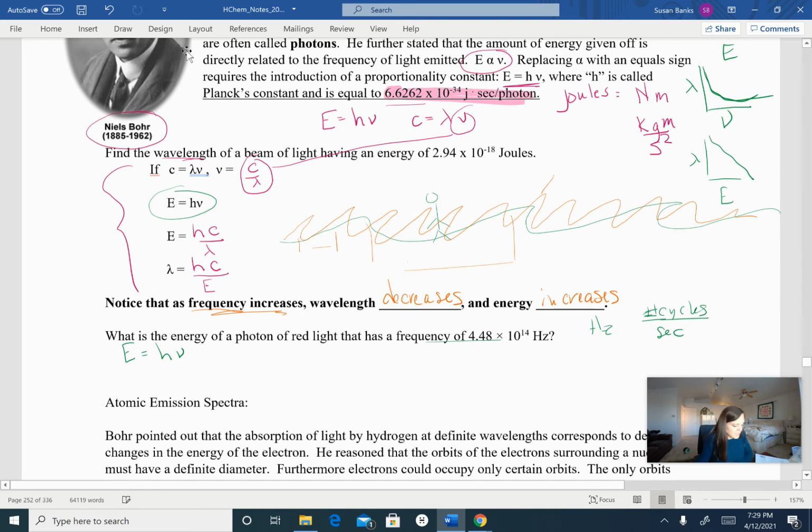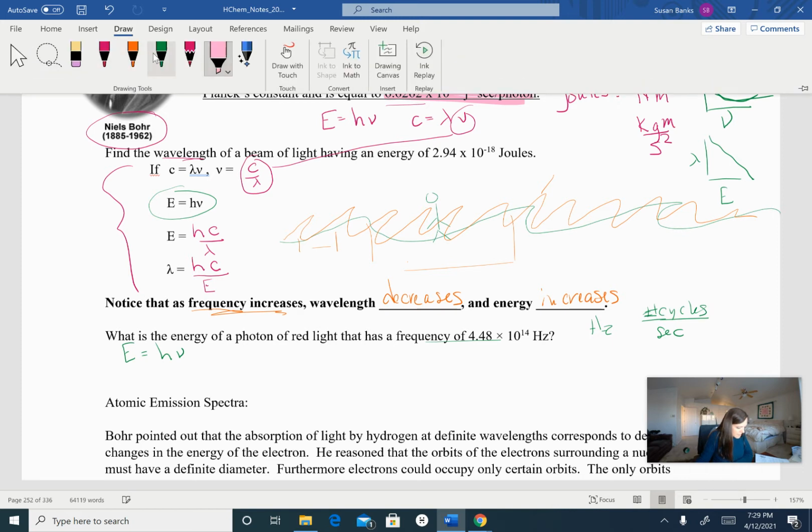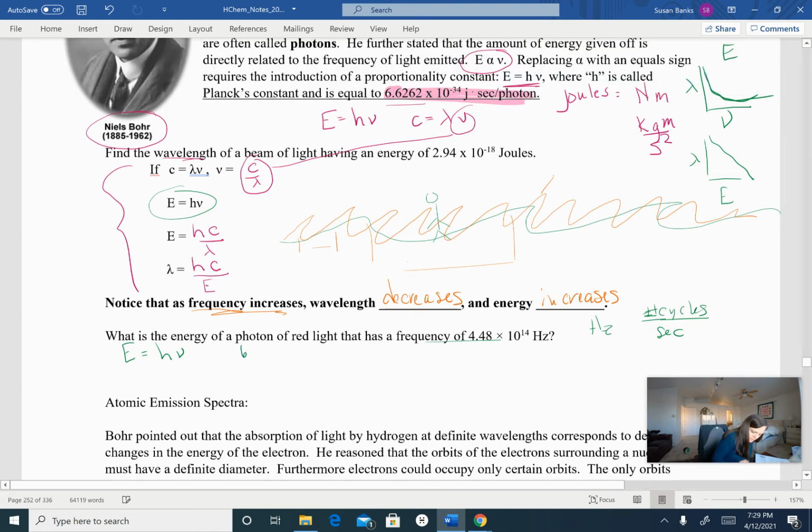6.6262 times 10 to the negative 34. Okay, so here we go. Let me get a pen again. So I have Planck's constant, 6.6262 times 10 to the negative 34, and this is joules per second, or joules times second per photon.